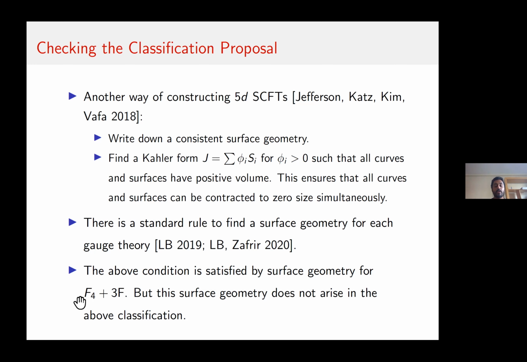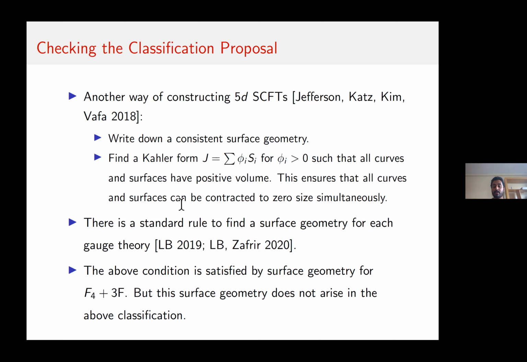Okay, so now we take this gauge theory, F4 with three hypers in the 26-dimensional irreducible representation. And using this rule, we write down the surface geometry for it. And then we check whether we can find a Kähler form which satisfies this condition. And it's known that it is satisfied. There exists such a Kähler form. So this means that we have constructed a 5D SCFT.